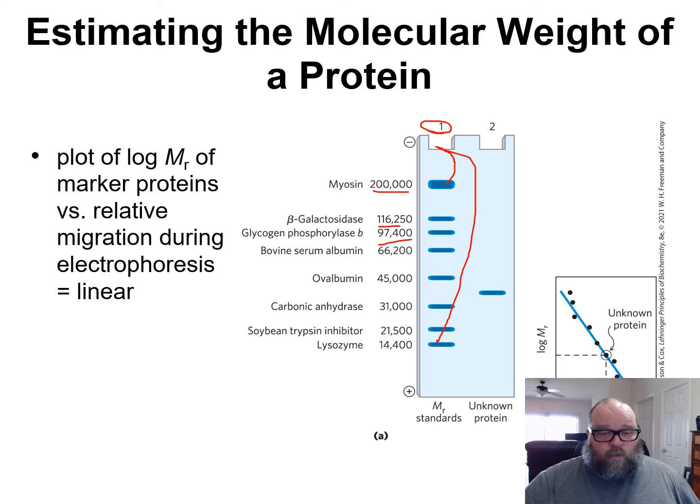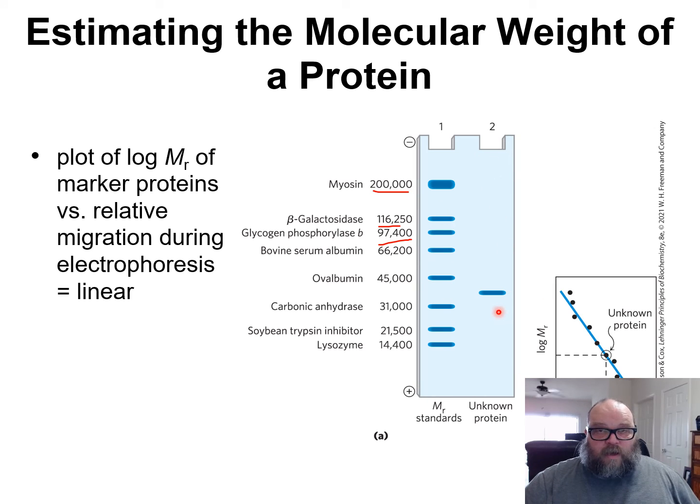Over here in lane 2, you have your unknown. You don't know the size of this unknown. Same time you're running this ladder, you have this unknown, and it will run alongside. All of these will settle out. They will travel a certain distance in a given amount of time.